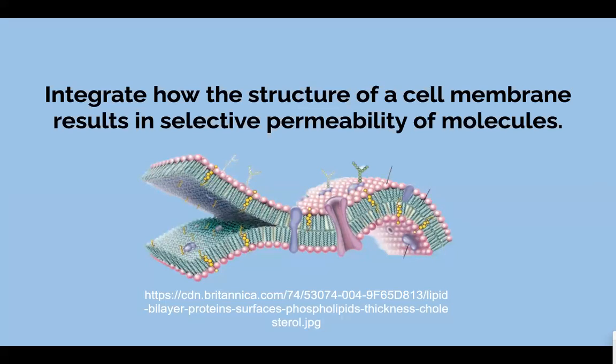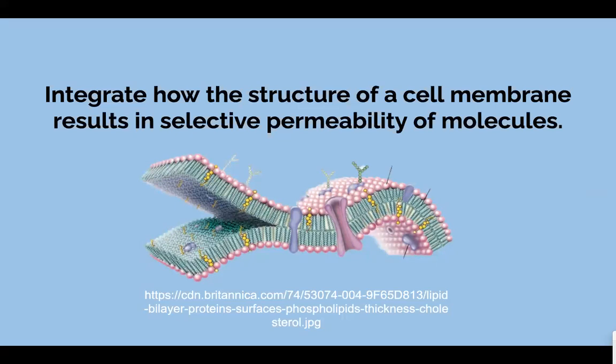Different types of integral proteins, such as ion channels and transporters, have specific binding sites or pores that determine the selectivity of molecules they transport. Transport proteins, including carrier proteins and channel proteins, play a crucial role in selective permeability. Carrier proteins bind to specific molecules and undergo conformational changes to transport them across the membrane.